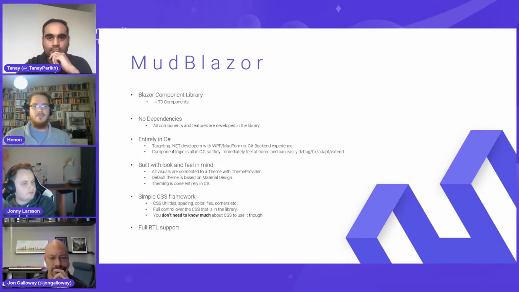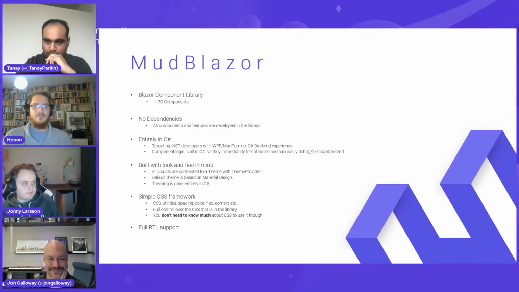So the base of MudBlazor is that we built it with the thought that it should look good and feel good, and all components are pretty much connected today with a theme provider.